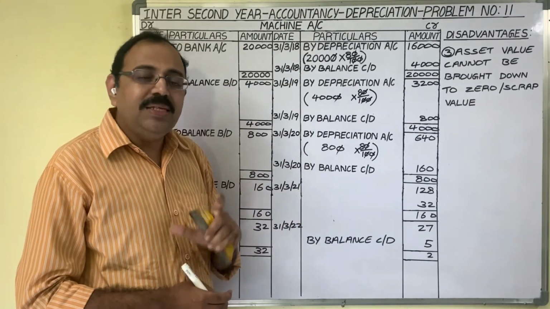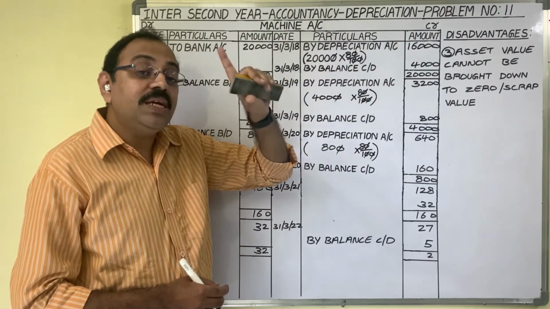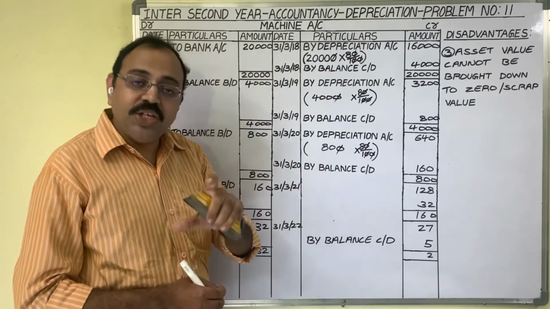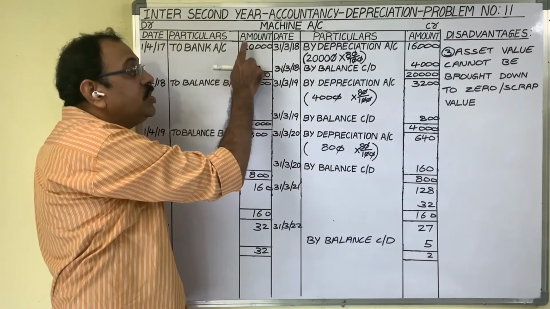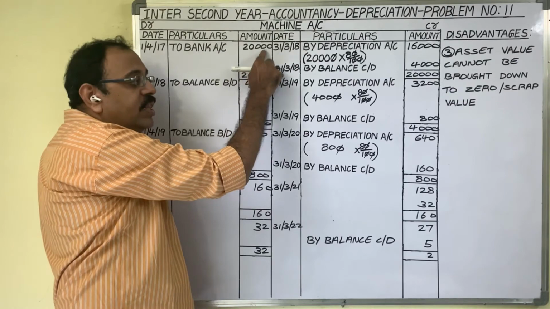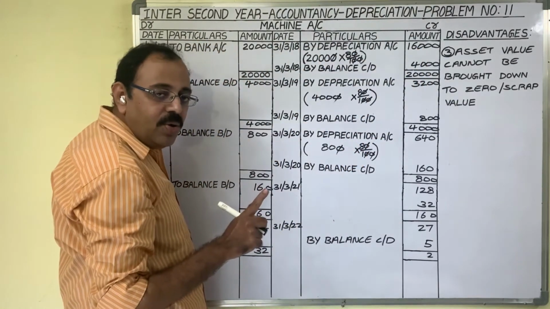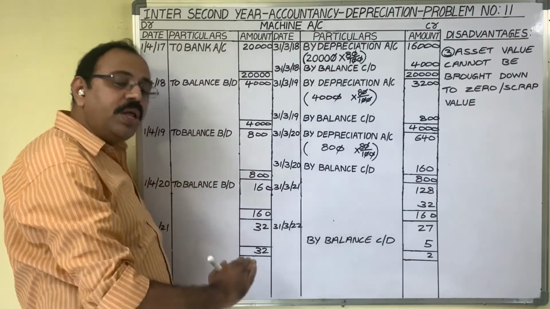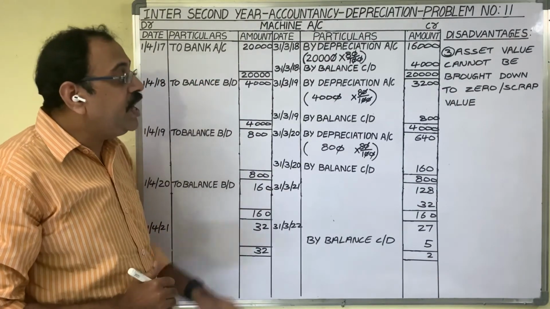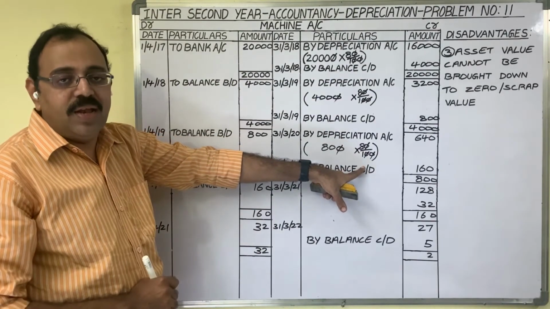But is it correct to provide an 80% rate of depreciation annually? Conceptually, it is wrong, no? When you use a 20,000 worth asset, in the first year only, will the depreciation be 60,000? It is not correct, no? Depreciation value slowly reduces. And if you provide depreciation in this manner, it affects the firm's goodwill.